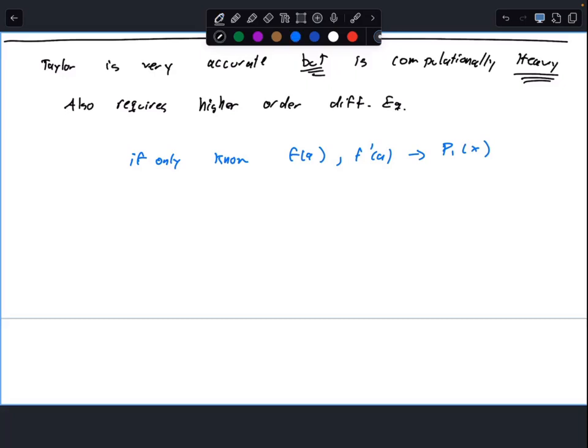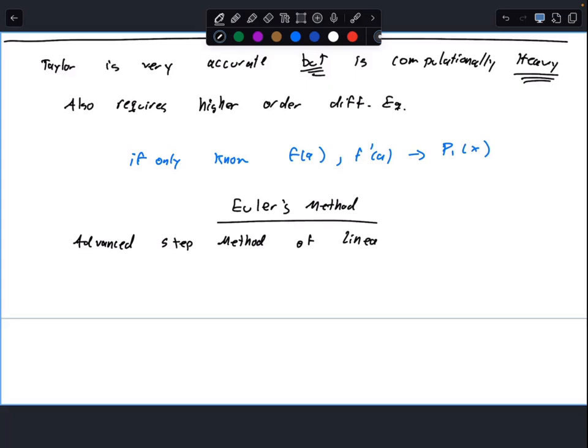So as such, we have what's known as Euler's method, which is an advanced step method of linear approximation for f of b given f of a and a known derivative.